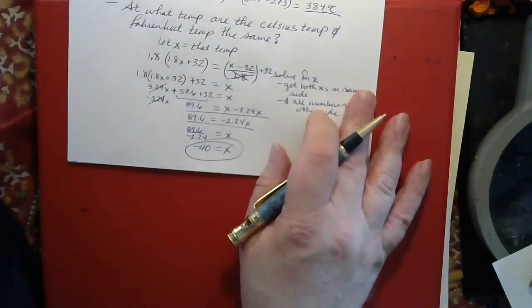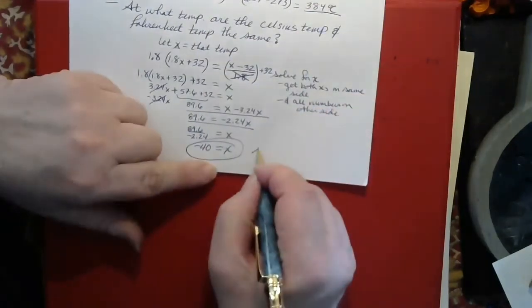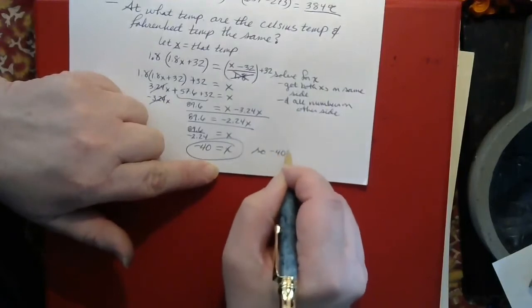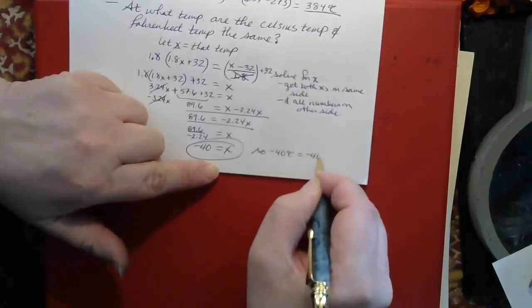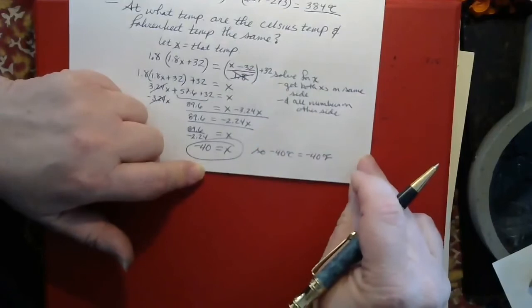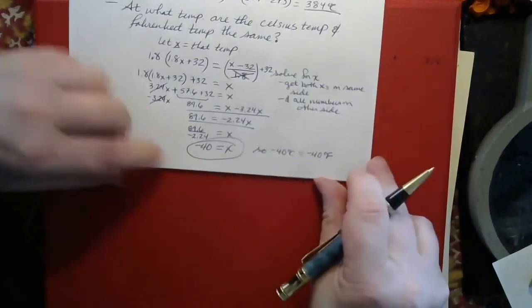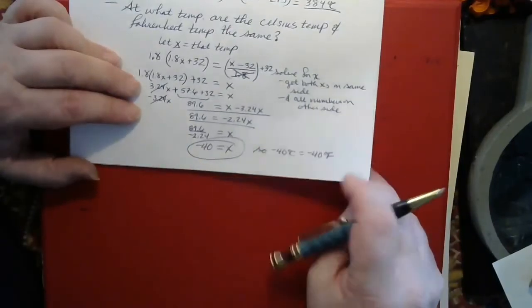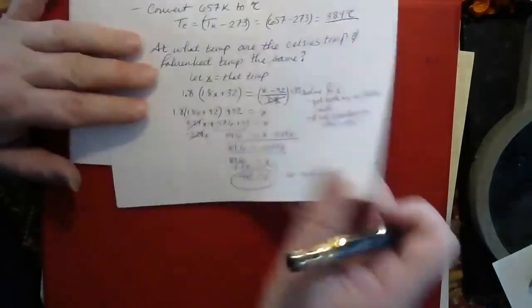Minus 40 is where the two temperatures are the same. So minus 40 Fahrenheit is minus 40 Celsius. Okay, so that's what science geeks do for fun.